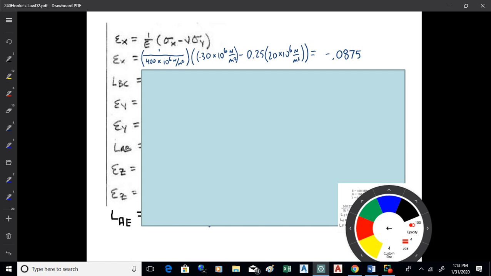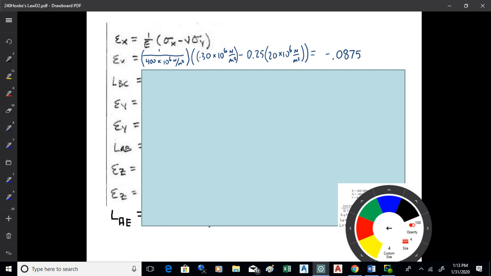That's the sigma x. Minus nu 0.25 times sigma y, 20 times 10 to the 6th. And when you run that, you're going to get negative 0.0875. That's the strain in the x direction.